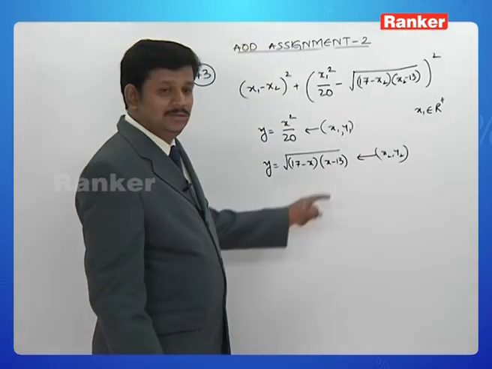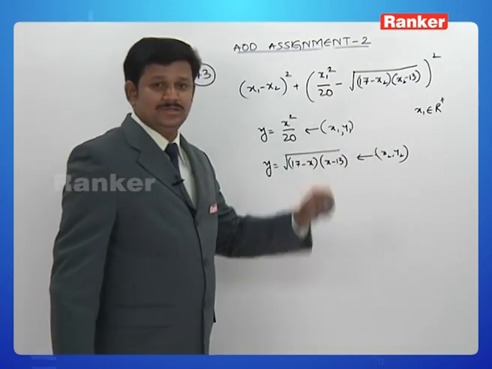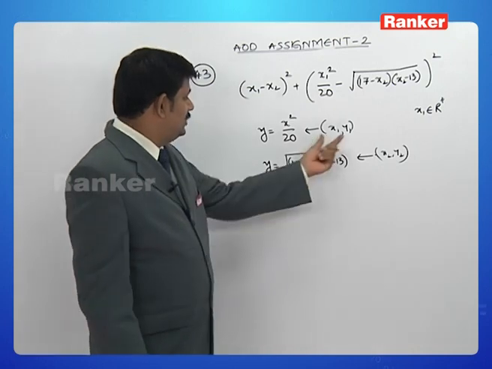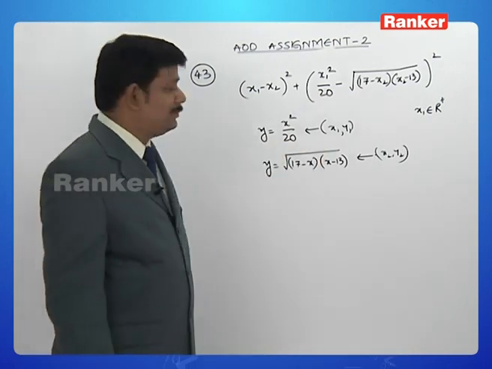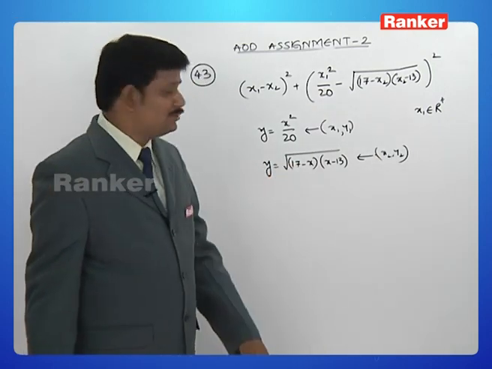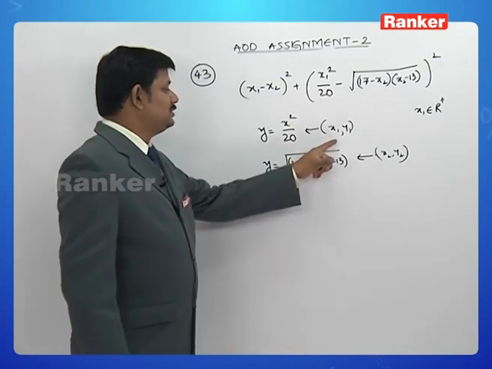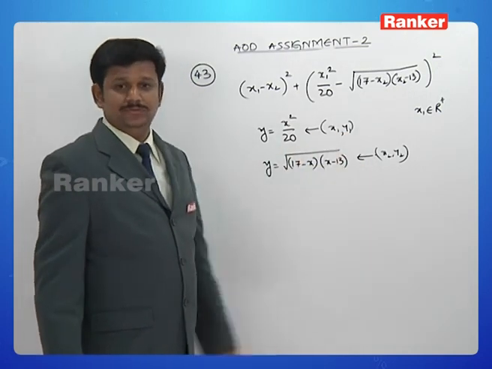We want the minimum value of the distance between these 2 points. x1 comma y1 is any point on the curve y is equal to x square by 20, and x2 comma y2 is any point on the curve y is equal to root over 17 minus x into x minus 13. We want the least value of the distance between these 2 curves.